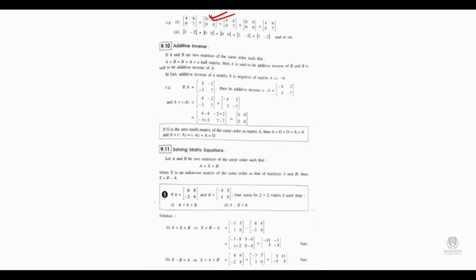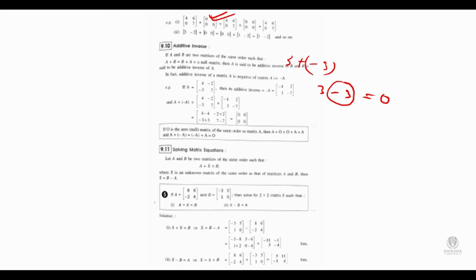Then additive inverse. What is additive inverse? In normal numbers, if you add 3 plus minus 3, that will become 3 minus 3, that is equal to 0. If you add the opposite sign of the number to the number, then it becomes 0.